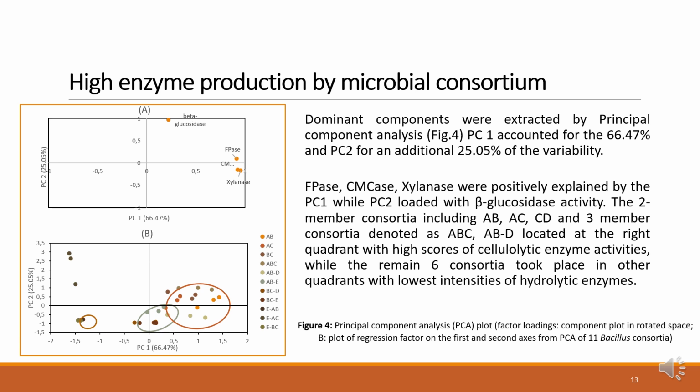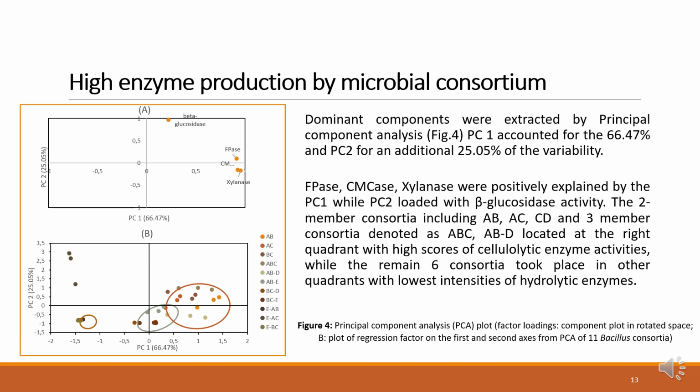PC1 accounted for 66.47%, and PC2 for an additional 25.015% of the variability. The filter paper activity, or the total cellulase activity, CMC or endoglucanase activity, and xylanase were positively explained by PC1, while PC2 was loaded with beta-glucosidase activity.